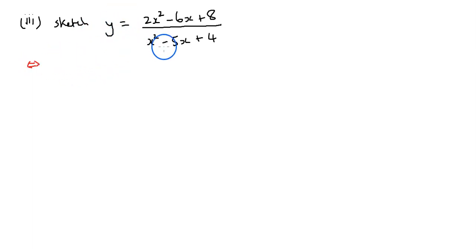And so to that end, we do our usual technique of multiplying both sides by the denominator, and then subtracting, and then finding where the discriminant is greater than or equal to 0.